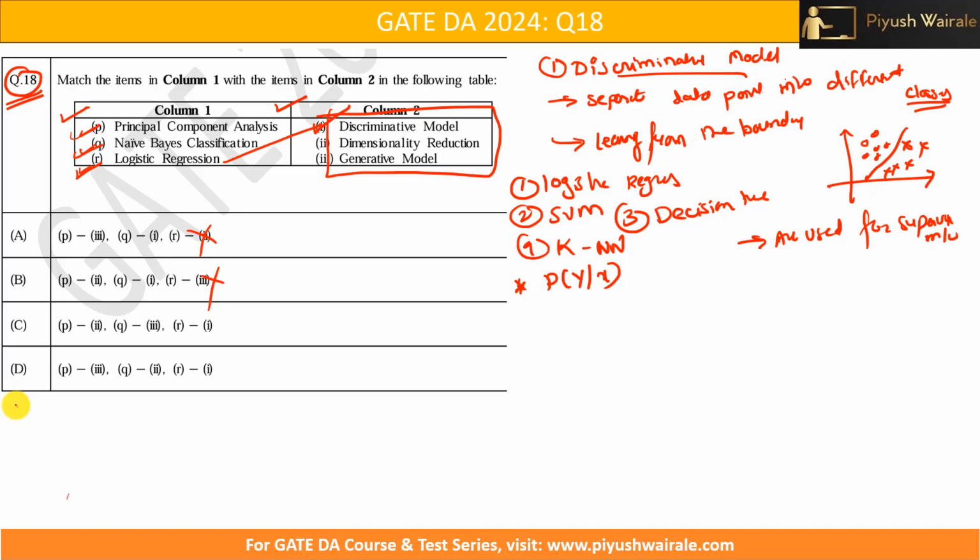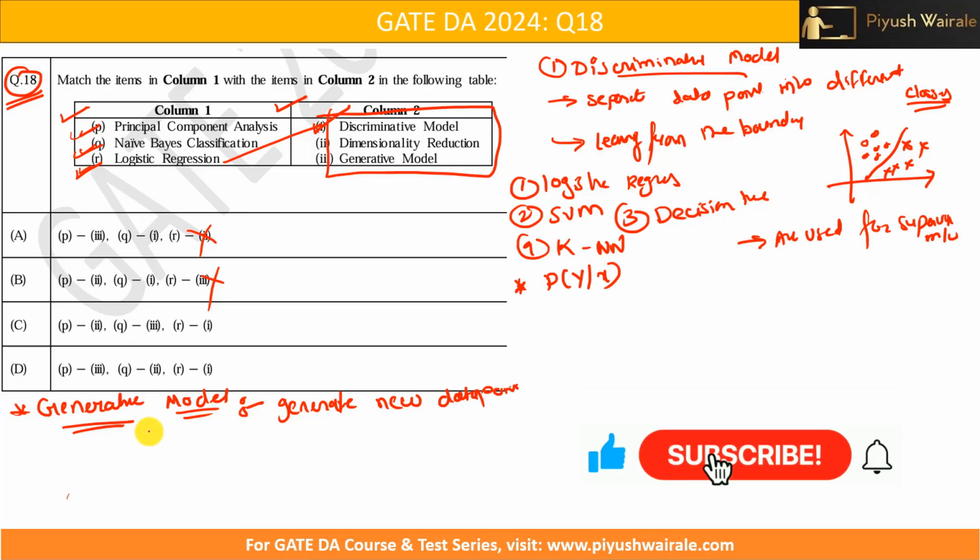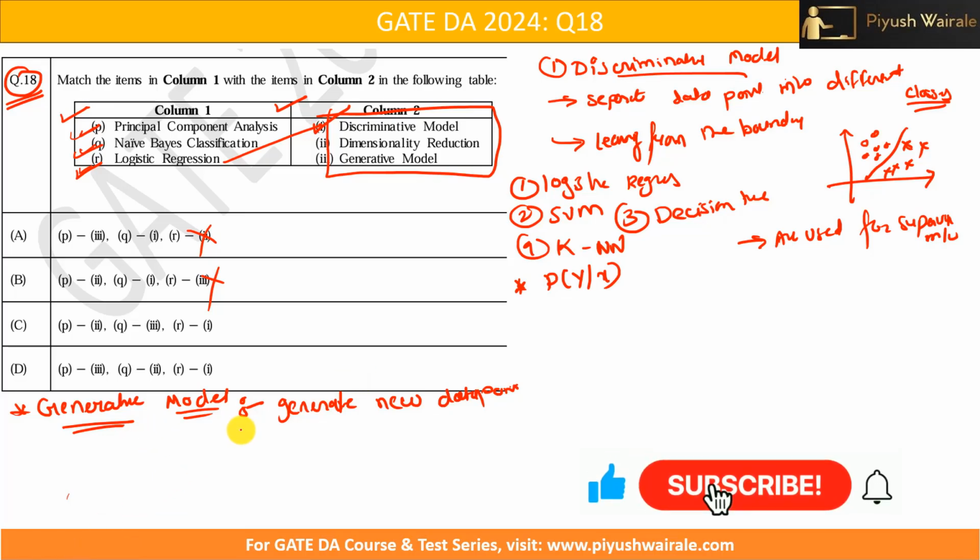Now what about the generative model? As the name suggests, a generative model is used to generate new data points. How does this model work?